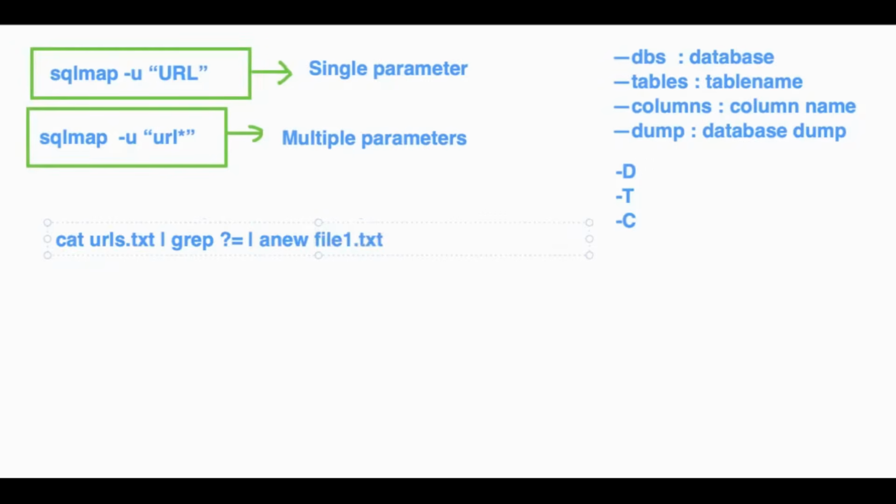So if you put this file into SQLMap, what type of option can you use? So your command will be sqlmap -m and your file name, like file.txt. So -m is basically used for a bulk file.